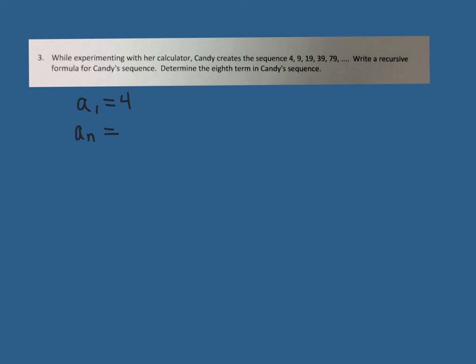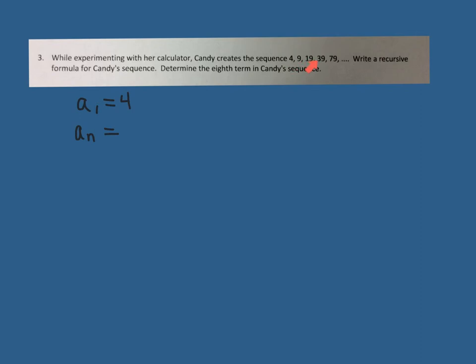Hopefully after looking through this a little bit, you realize that what she's doing is doubling the previous number and adding on 1. Because 4 times 2 and add on 1 gives you 9. 9 times 2 and add on 1 gives you 19. 19 times 2 plus 1 would be 39, and so on.